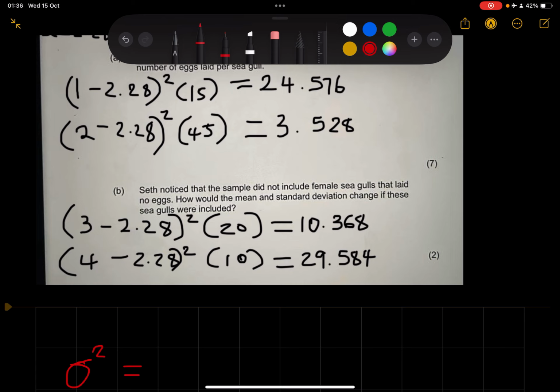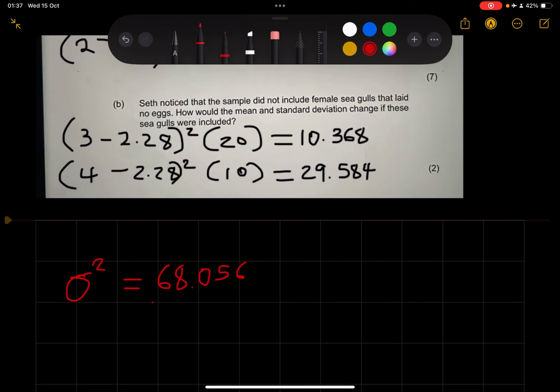Okay, that should give us 68.056, and then we need to divide that by the total frequency, which is 90, and then square root both sides, right?